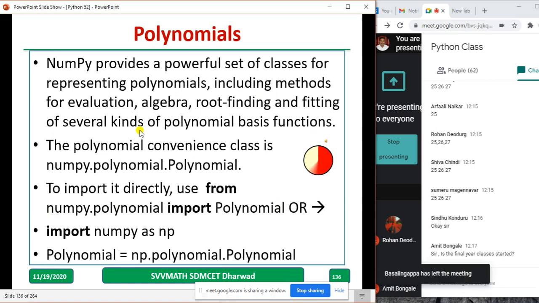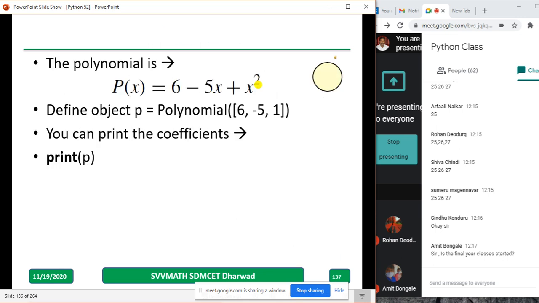Many times when executing, we miss that import, such as numpy as np or polynomial equal to np.polynomial.polynomial. Directly we write the program, it will show an error during the simulation. If you miss all these things in the IA also, you may lose marks. So please remember these things.